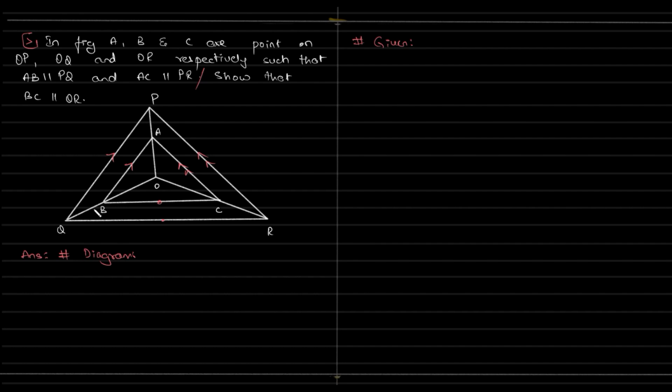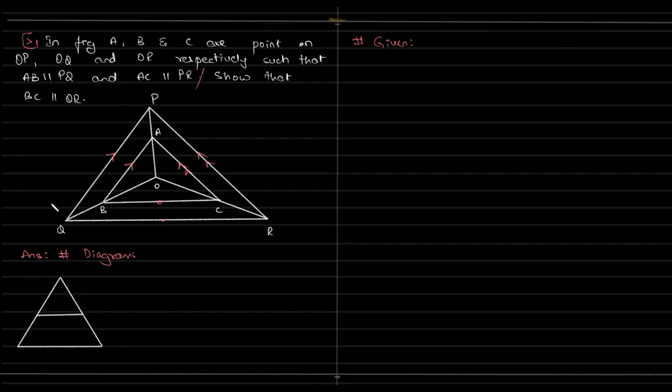Now, first thing is we look at AB being parallel to PQ. So which triangle should we consider? OPR, sorry, OPR, O, P and R. And next, AC, okay, sorry, I didn't complete the diagram. By the way, you can see that I've drawn it in a different orientation than what looks over here.